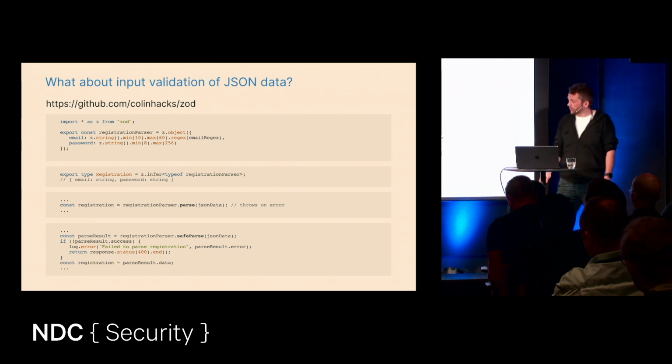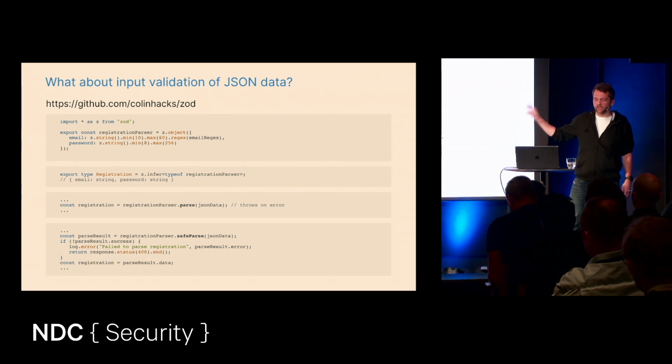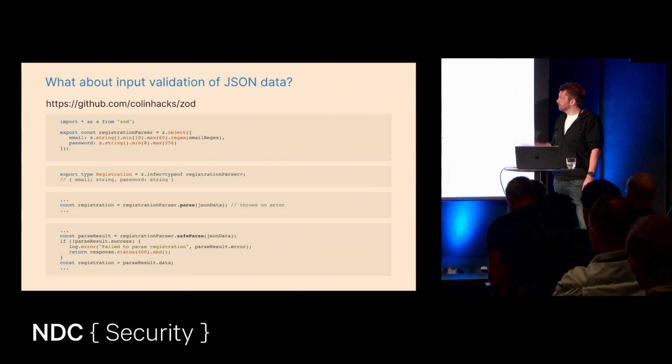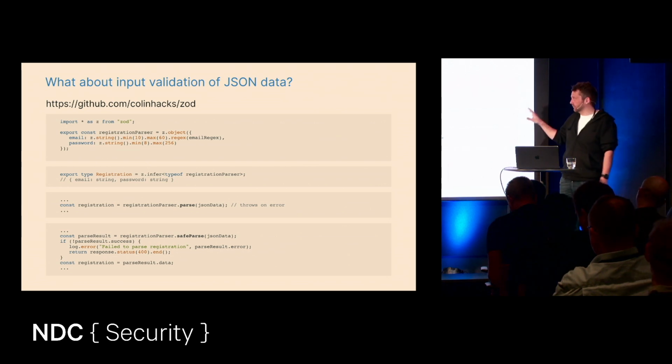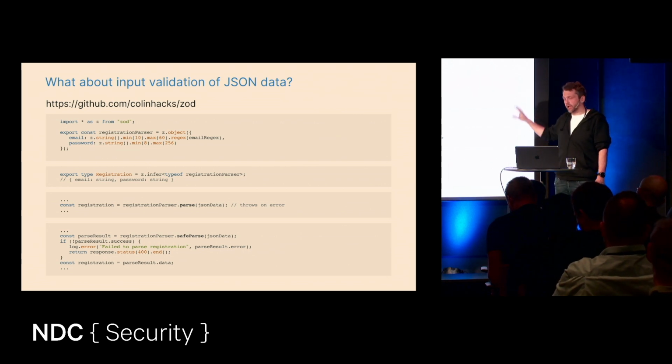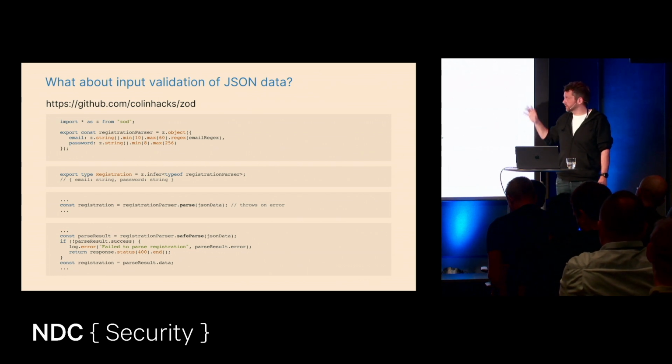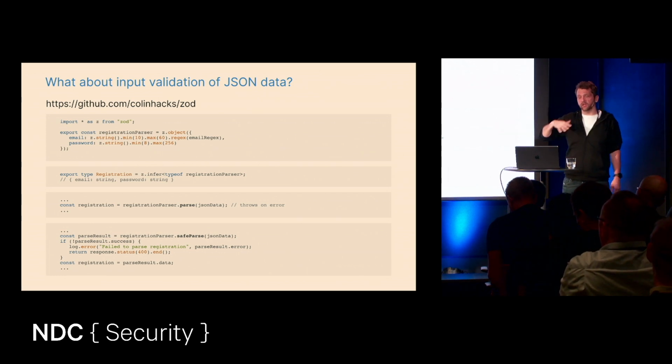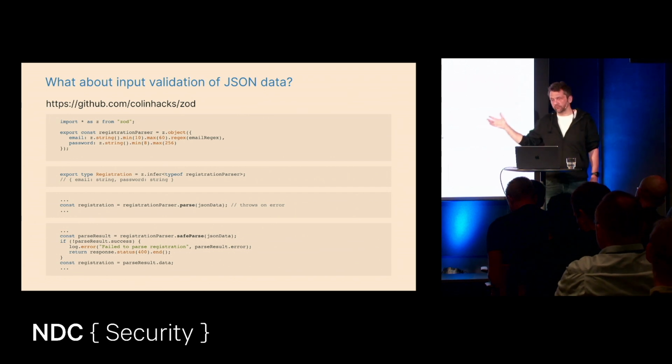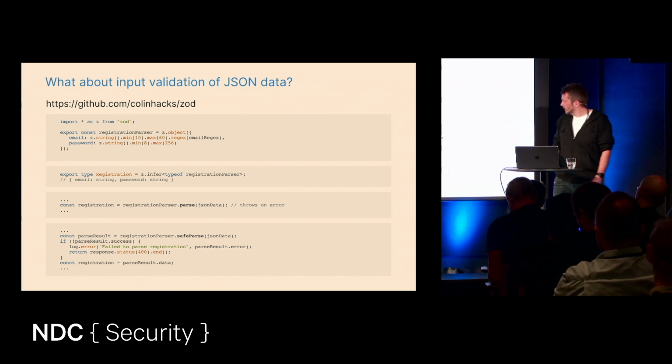And then I can use parse result data to get the actual data that's now been parsed and validated. So no, we can't necessarily get the proper type stuff that we had in the strongly typed languages, because it's duck typed, but at least we can get a lot further using this approach than just casting things. So I really, really like and recommend this library.